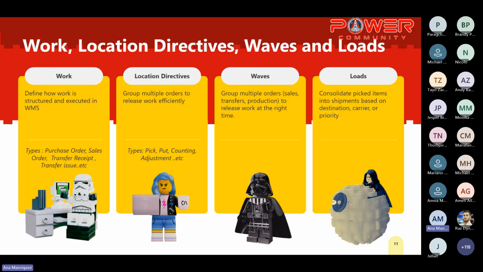So everything is with work. And you know, Dynamics is for everything. I have four new concepts in warehouse management: work, location directives, waves, and loads. The work is the heart of warehouse management, because it represents a specific task within the warehouse, such as receiving, storing, picking, moving.